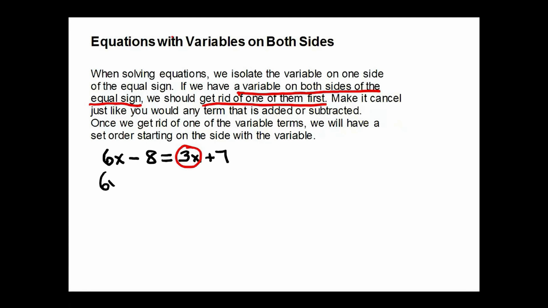I usually write it after the term it's going to combine with. Cancels out on this side. On the left hand side, 6x minus 3x gives us 3x.